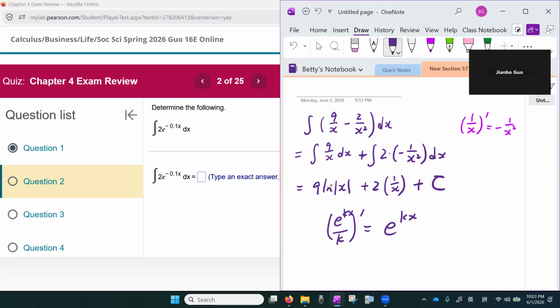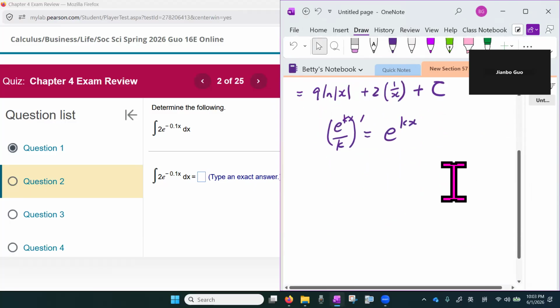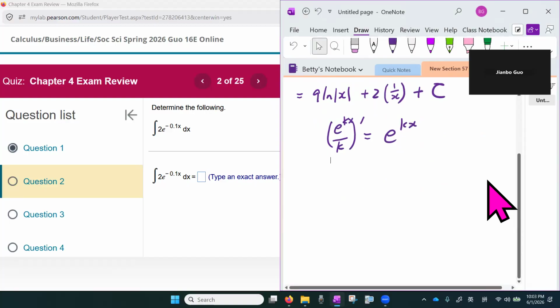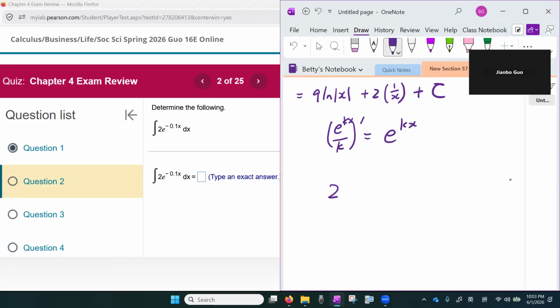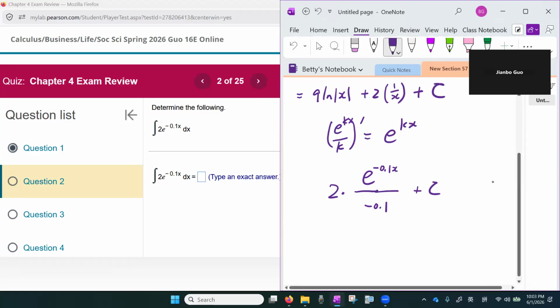Then you can double check. e to the power of kx over k gives the derivative e to the power of kx. So with that said, the antiderivative of the function is going to be 2 times e to the power of negative 0.1x over negative 0.1, okay, and then plus C.